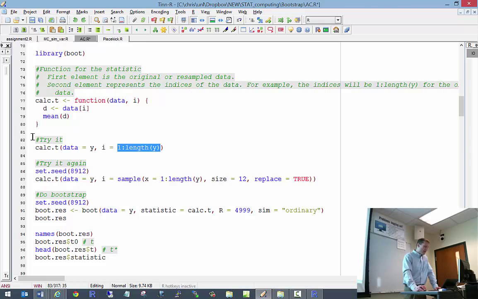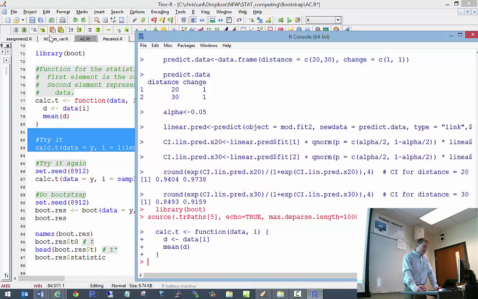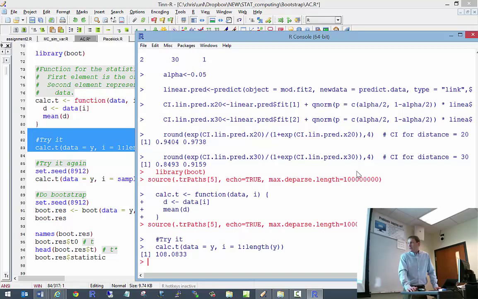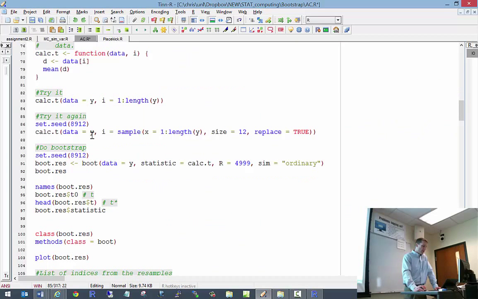So what should happen is I should just get my sample mean back that I had before, and indeed I do. I get 108. Okay. Let's actually look at what would happen for the actual resample. So I'm going to set a seed, so I can reproduce my results. My data is again in y, and then I'm going to sample with replacement a set of indices.